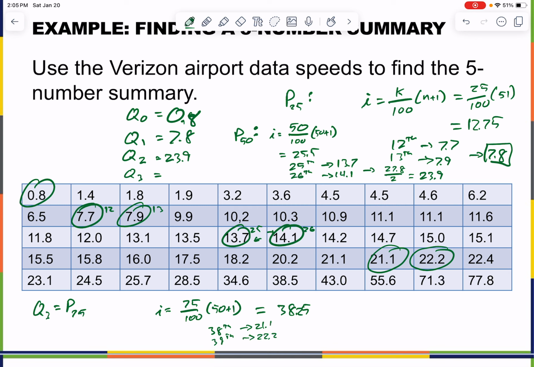I add those together, I get 43.3. I divide that by 2, I'm going to get 21.65. All right, and so that is Q3.